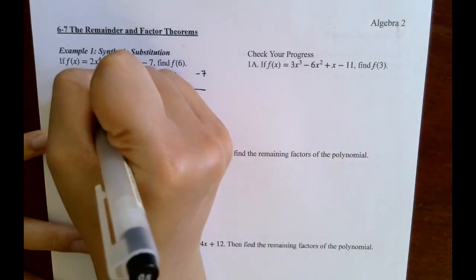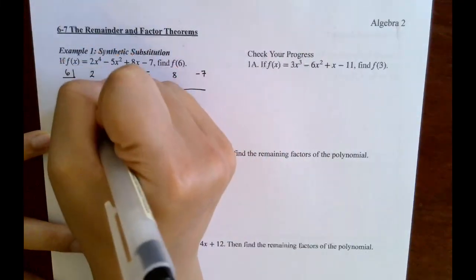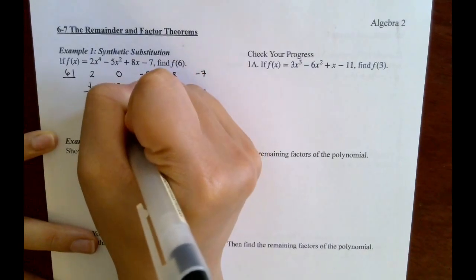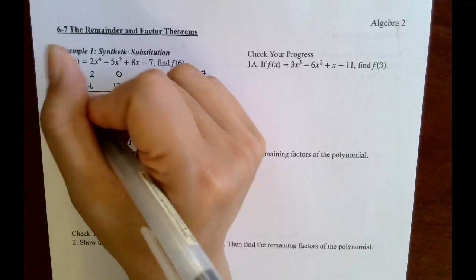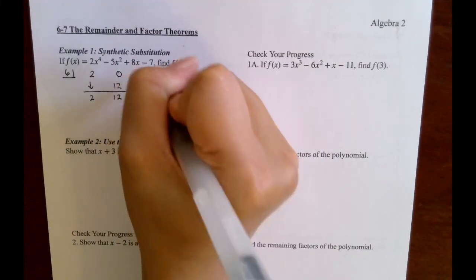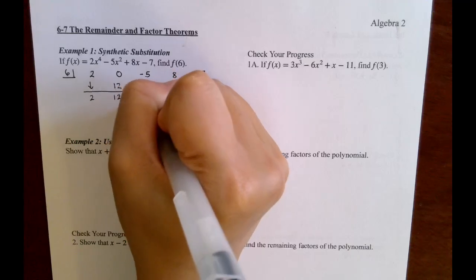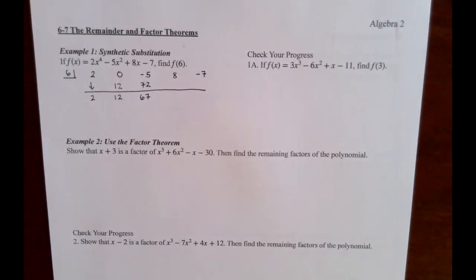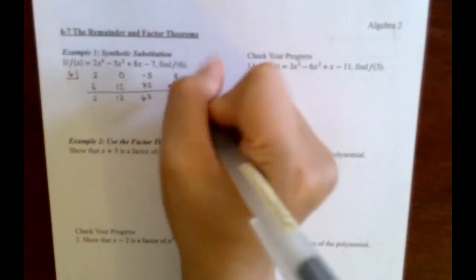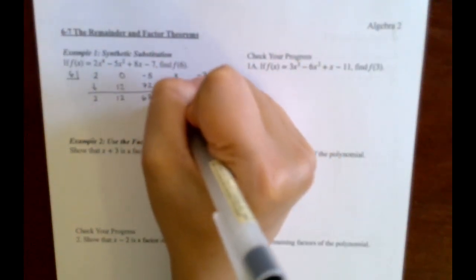And we're going to drop it. So drop 2. 2 times 6 is 12. 12 plus 0 is 12. 6 times 12 is 72. 72 minus 5 is 67. 67 times 6 is 402. 402 plus 8 is 410.